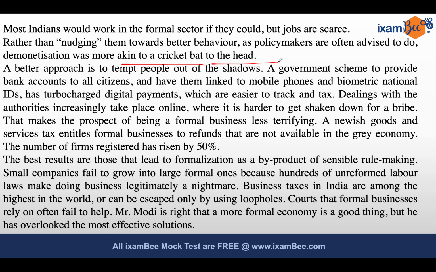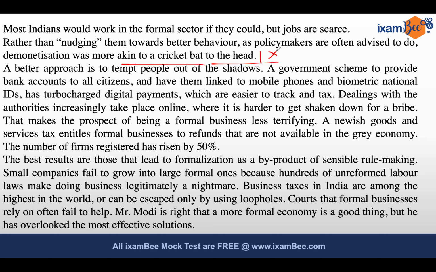We do not include explanations that are not relevant. Here we have a figure of speech, akin to a crooked bat to a head. Here we have an imagery, but this we do not need. This would be a repetition of ideas because we've already said demonetization hit us hard, right? So we do not need to include this.